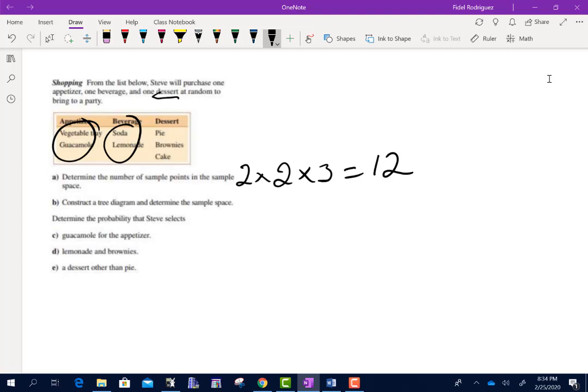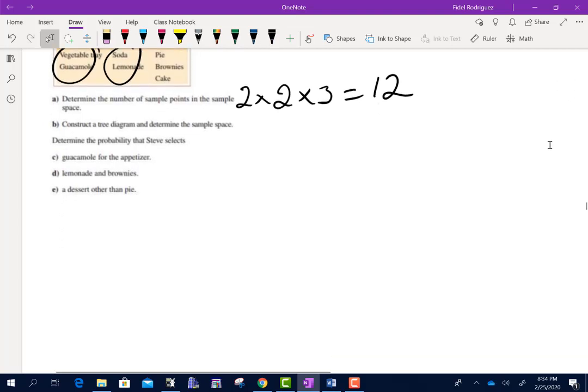Okay. All right, so now we're going to draw our tree diagram, okay?